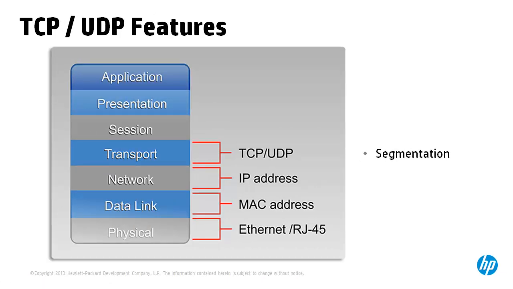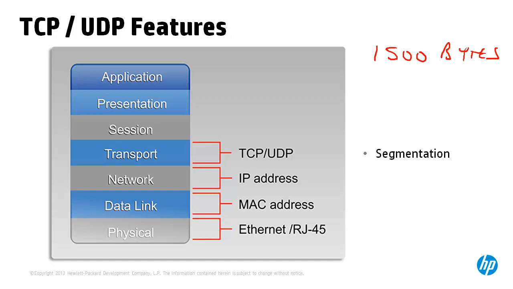UDP and TCP provide segmentation. Information may need to be segmented or broken up into smaller chunks for transmission across a physical medium. The maximum transmission unit, or MTU, of an outgoing interface depends on the physical media. So as an example, on a lot of interfaces, the maximum transmission unit is 1500 bytes.